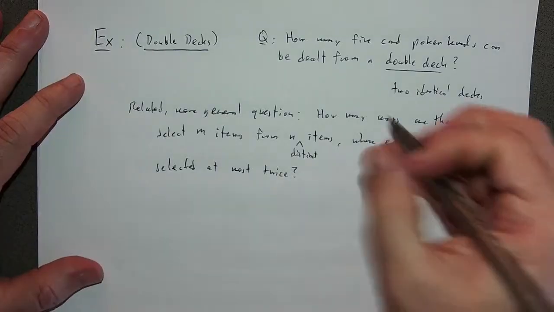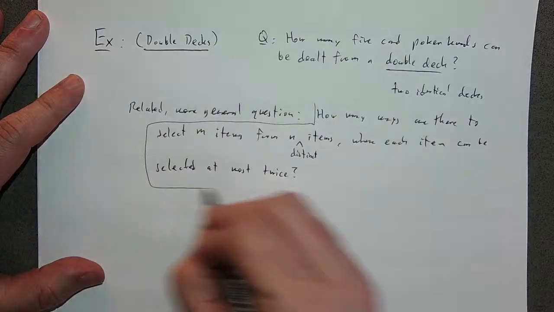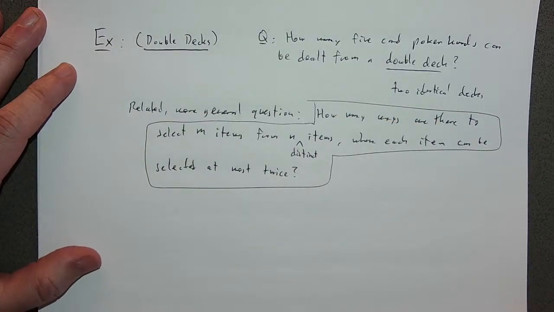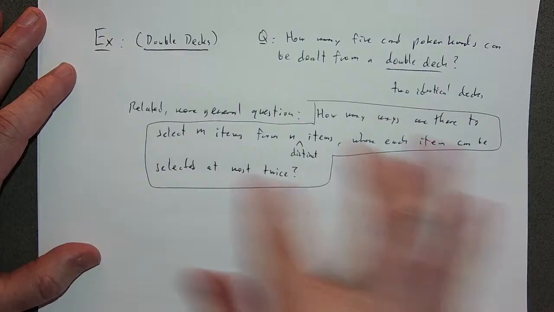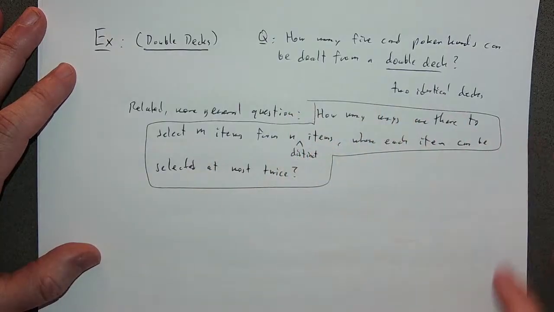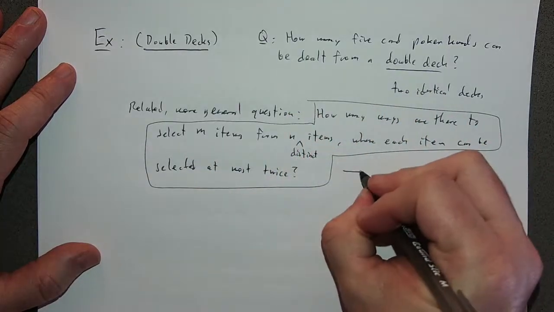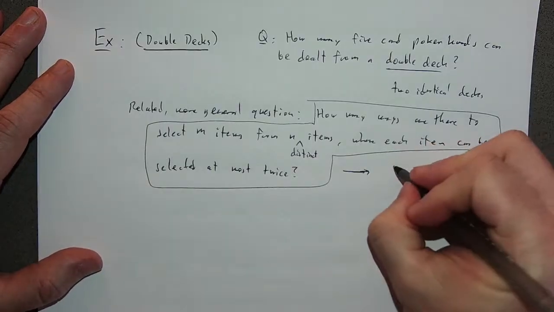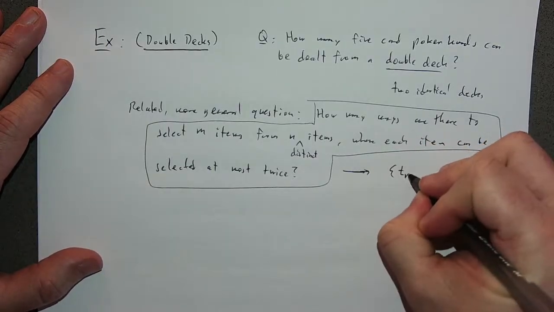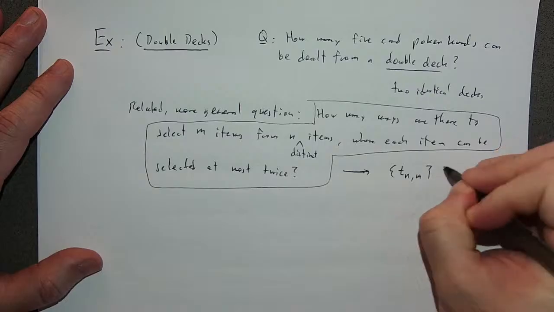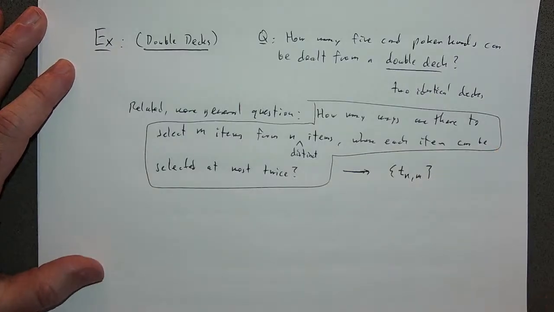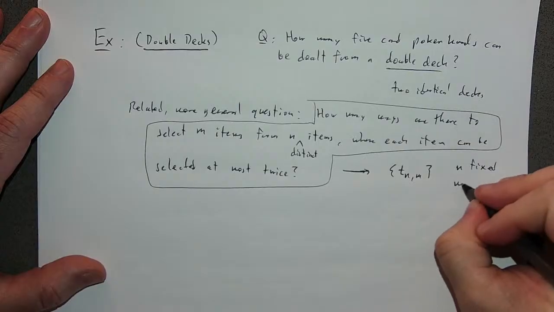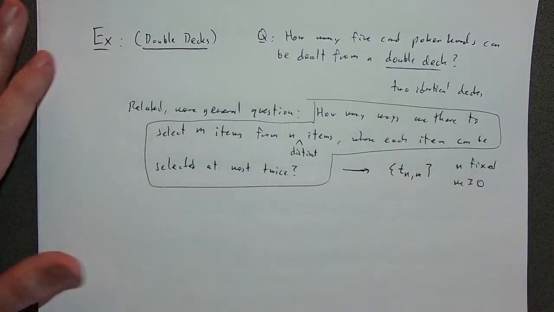Well, whatever this number is, how many ways there are to select m items from n distinct items where each item can be selected at most twice, let's call that by a double indexed sequence T n m, where n is fixed and m is some non-negative integer.